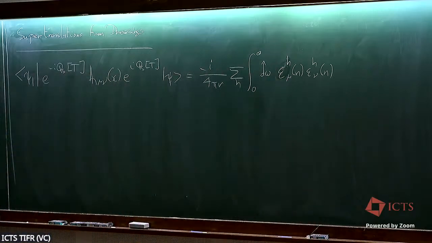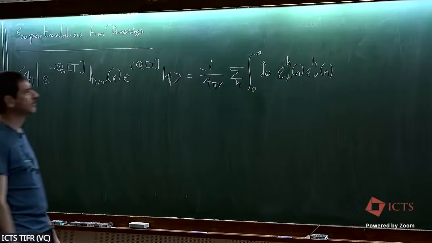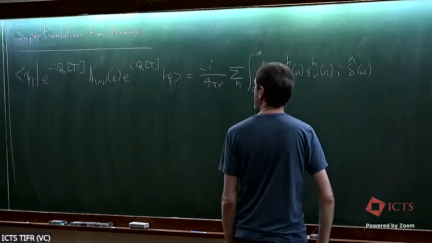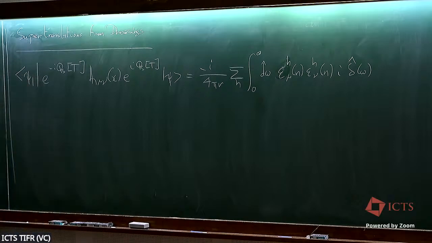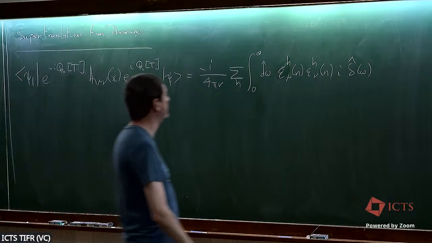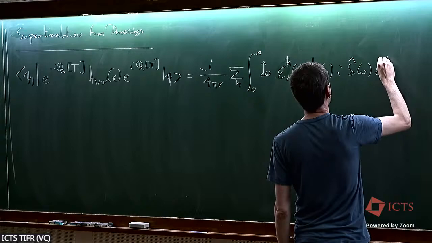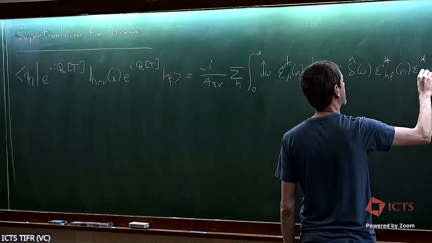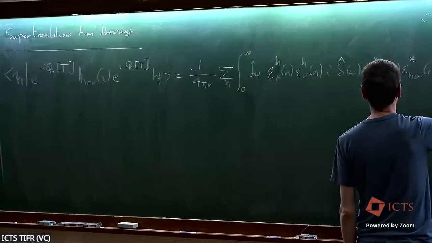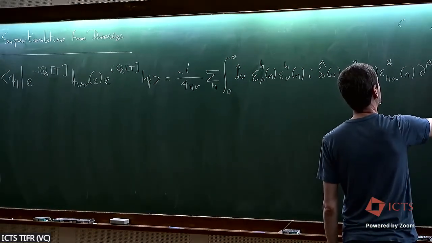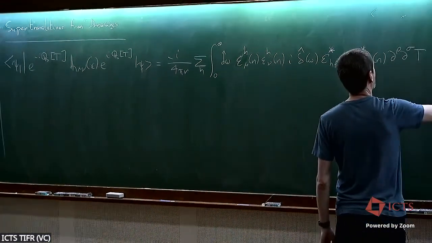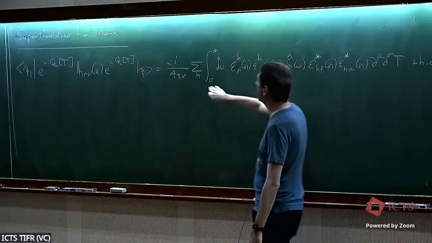Well, the dressing factor brings down an I, a delta of omega. These polarization vectors, two derivatives. Plus the Hermitian conjugate. So the I goes away.